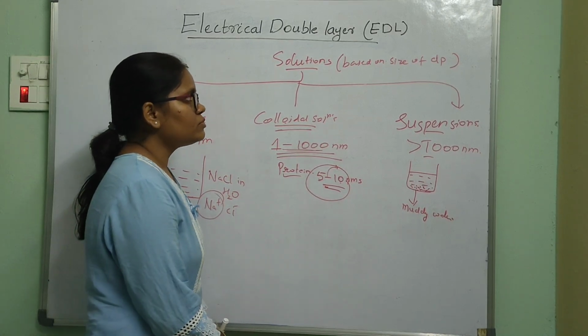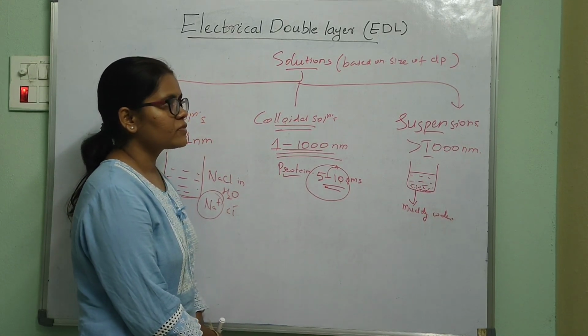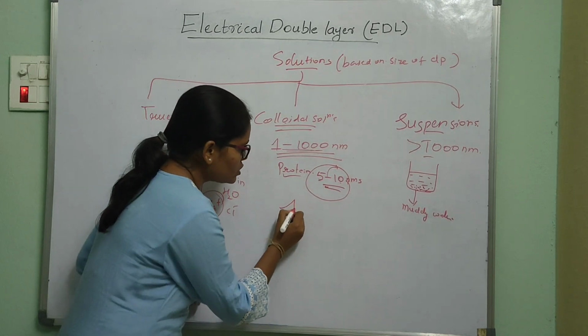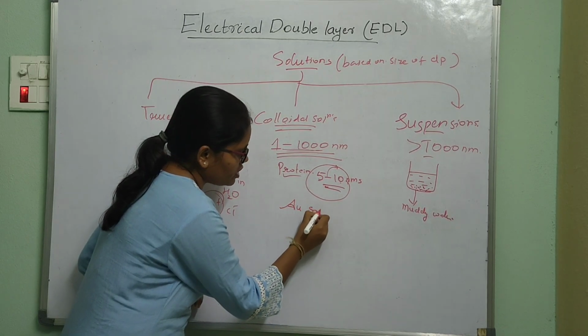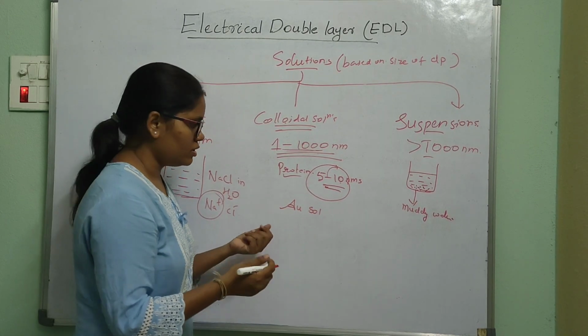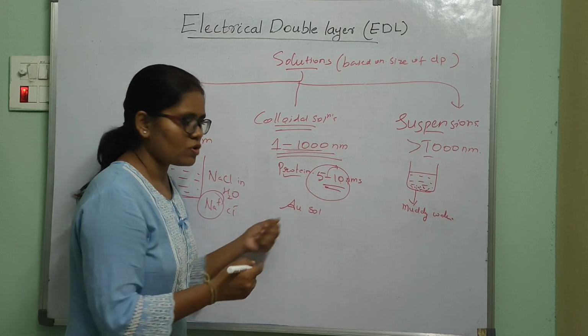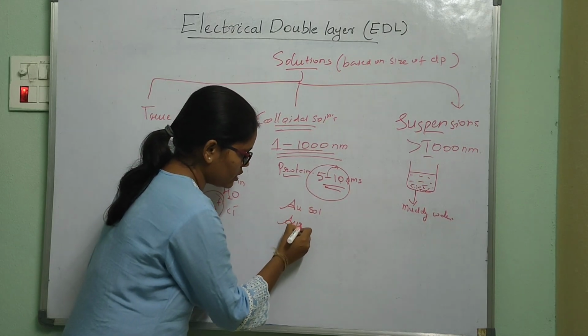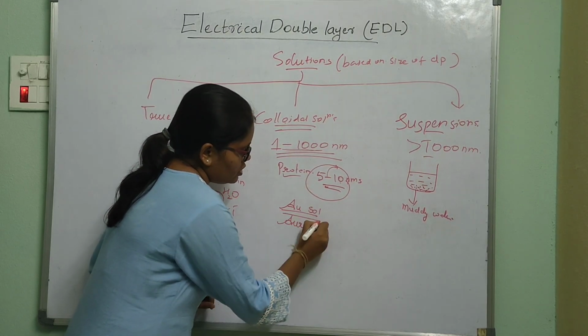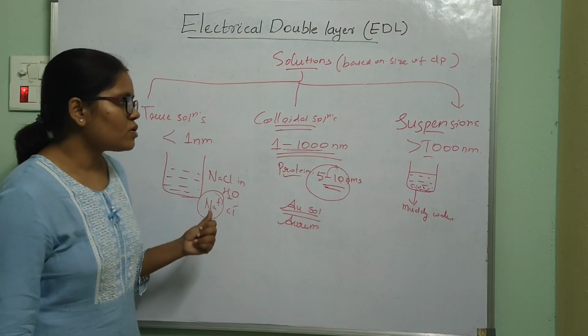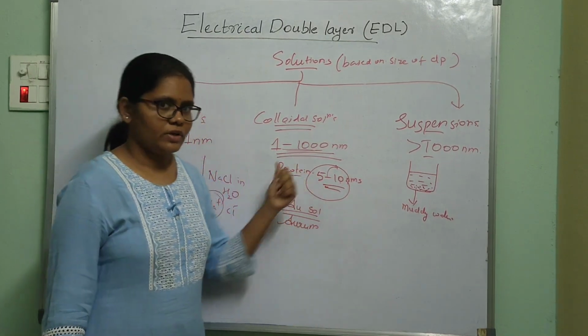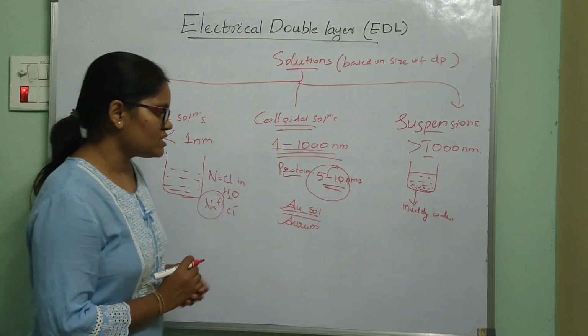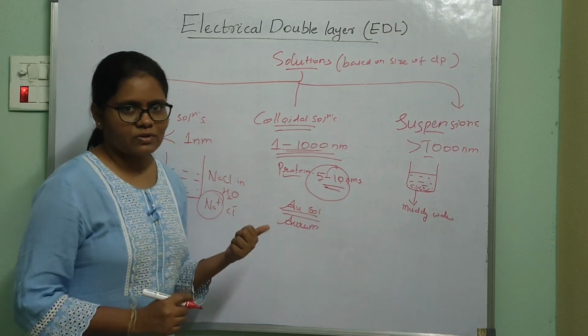And what could be one more example? Consider gold sol. Gold is a metal, its Latin name is aurum, so Au is gold. Gold sol is also an example of a colloidal solution. Now you can ask me, how does gold sol become a colloidal solution?